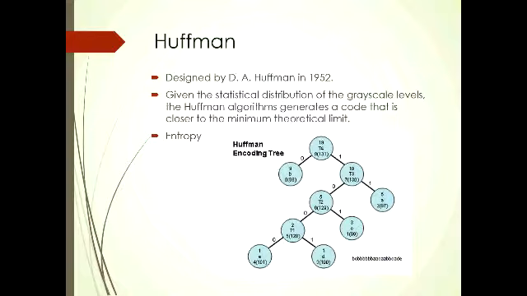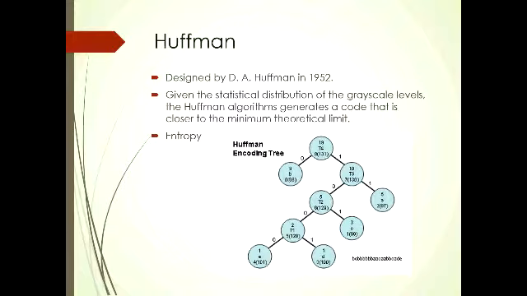The Huffman method was designed by D.A. Huffman in 1952. It uses the statistical distribution of the grayscale levels of an image, and then it generates a code that gets you closer to the minimum theoretical limit. This minimum theoretical limit is called entropy.